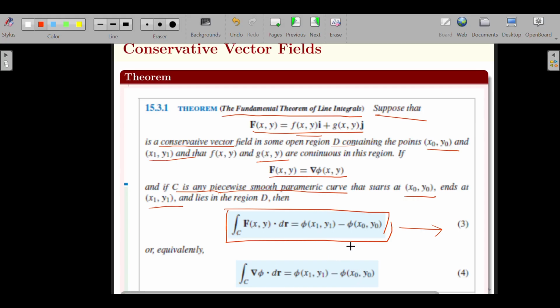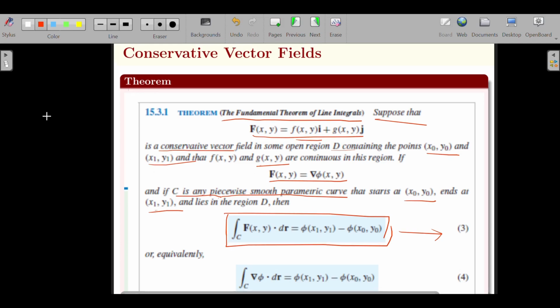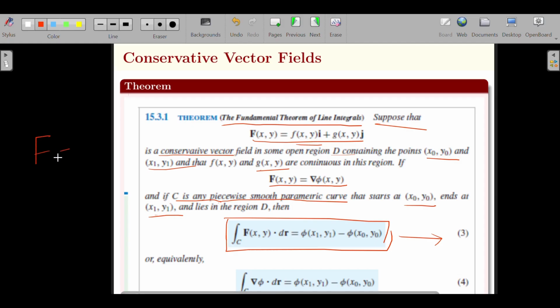In short, suppose that you have a conservative vector field F. Then, by the definition of a conservative vector field, F can be written as the gradient of some scalar function, and this scalar function is phi. That is, suppose that F is equal to del phi.